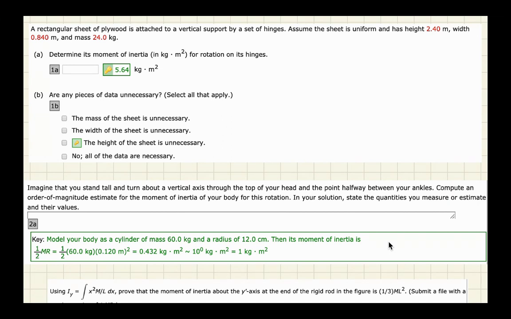But moment of inertia, again, is the rotational analog to mass, right? Mass is the equivalent of inertia. And remember that mass or inertia can be best described as being a resistance to acceleration.